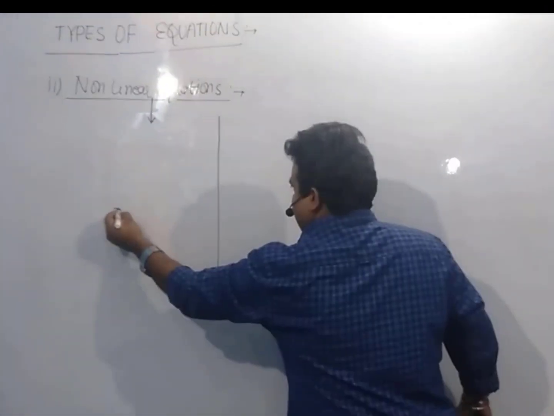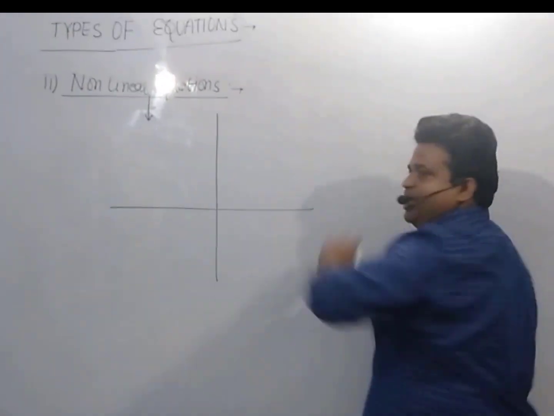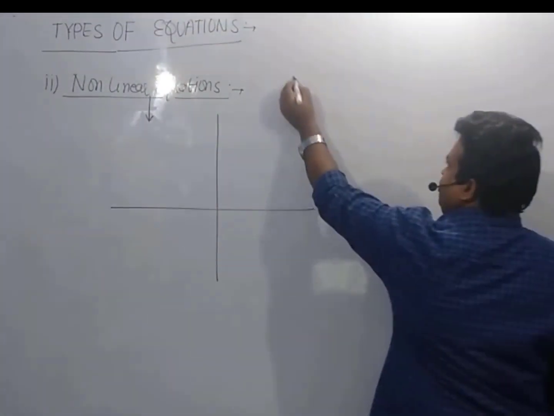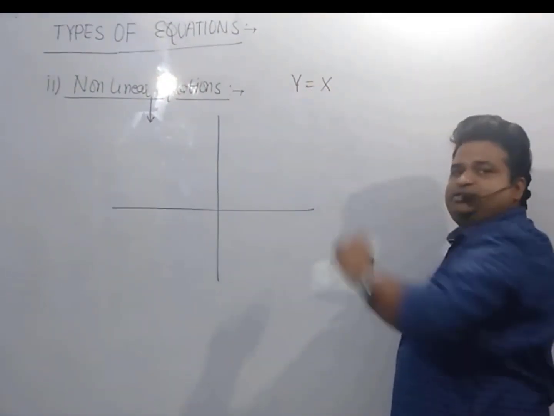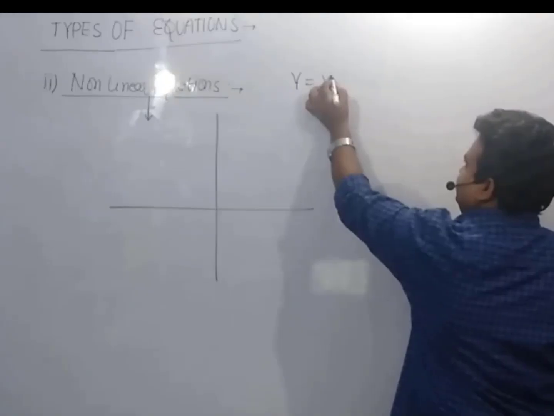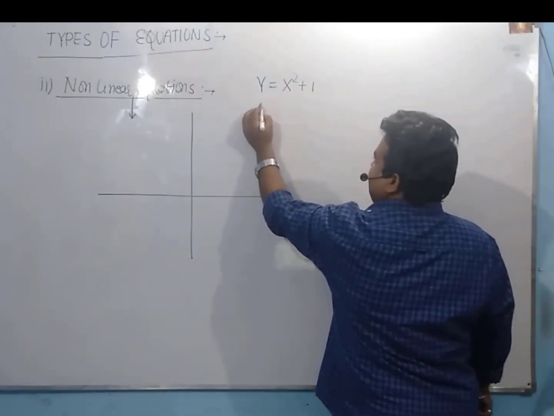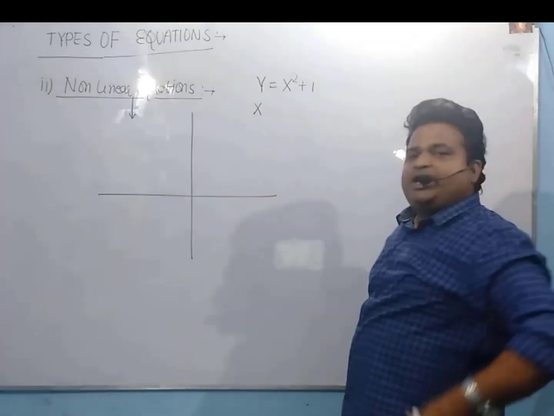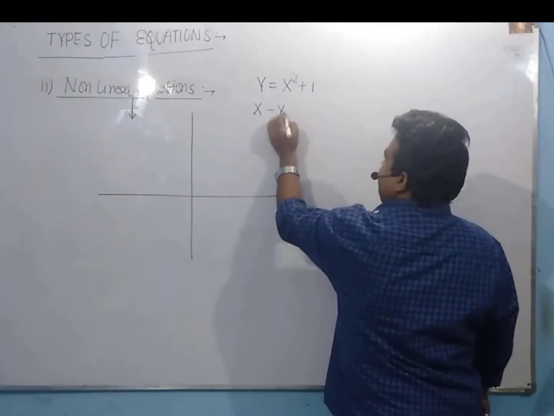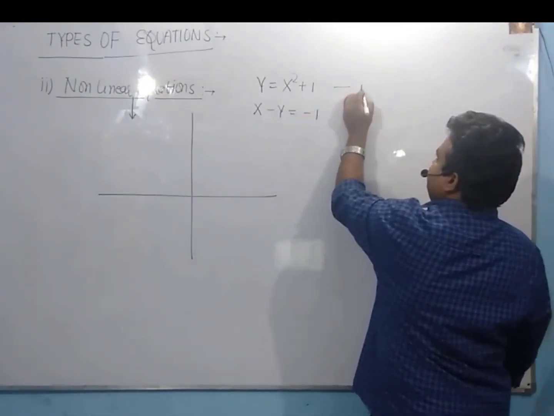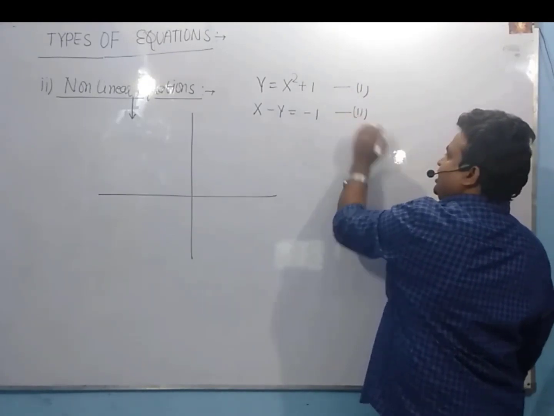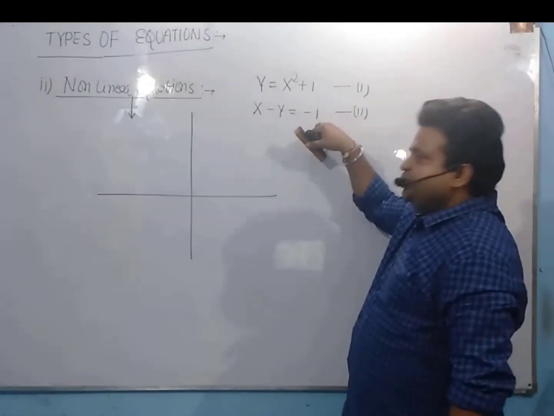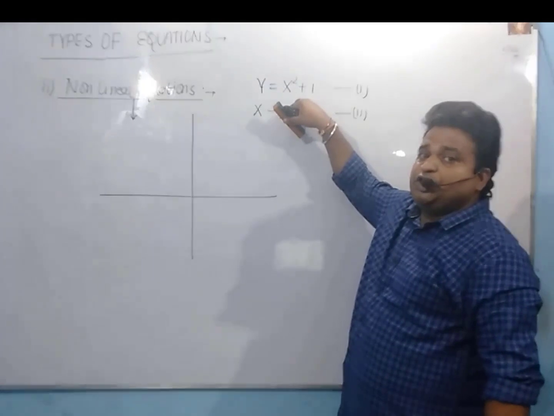I am giving you one example. Suppose you have one equation like this, y equal to x square plus 1, and the second is x minus y equal to minus 1. These are two equations. This equation is linear, but this equation is not linear.